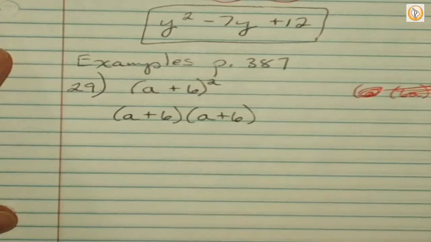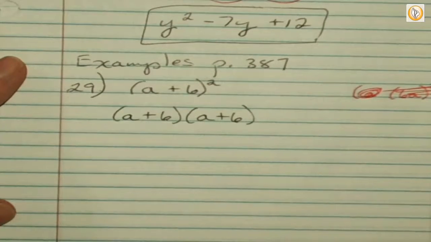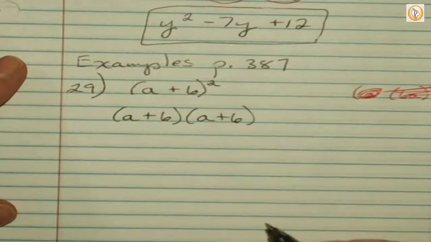Does that make sense? Usually with the a and the 6, if there's no exponent, you always pretend there's a 1.